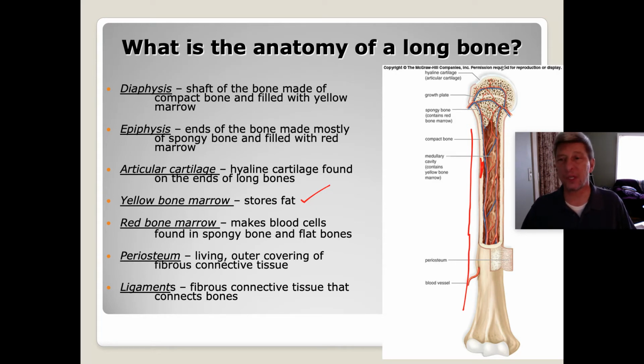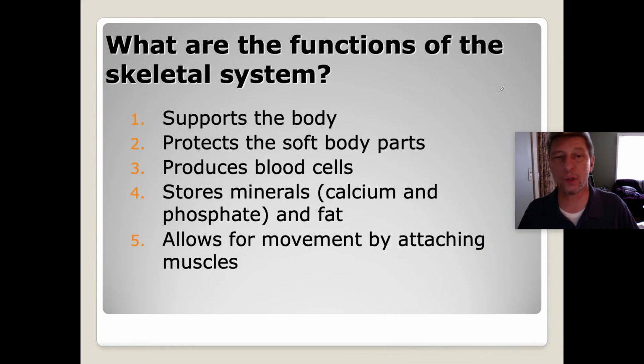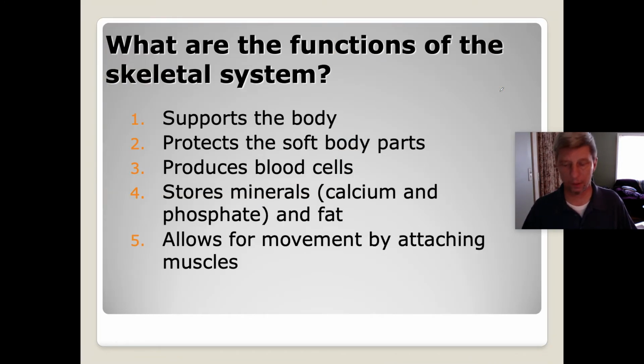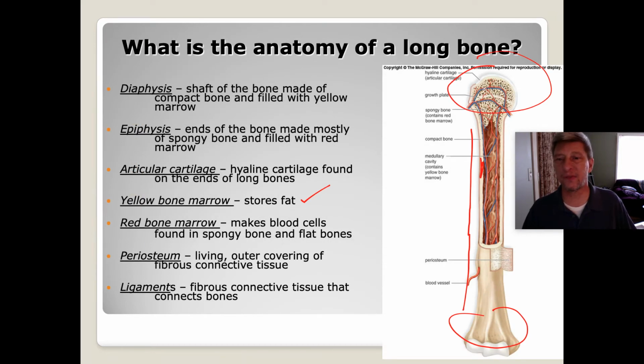The epiphyses are the 2 ends of the long bones, here and here. The one on the top is cut open in this diagram so that you can see that it's filled with spongy bone. And it is filled with the red bone marrow, which is where we find the stem cells producing red blood cells.